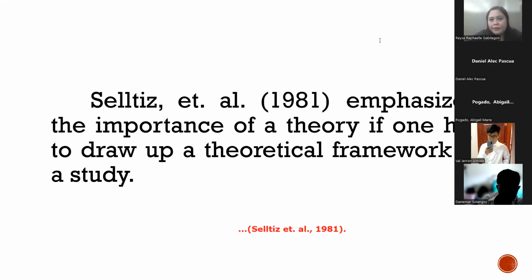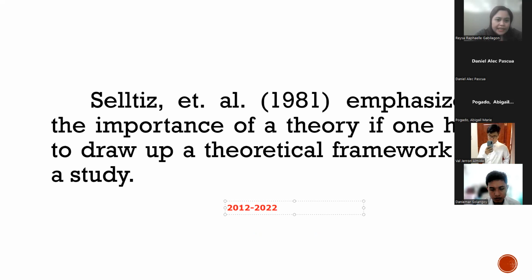Okay? By the way, yung mga references na gagamitin ninyo, ang i-accept lang natin ay 10 years backward. Anong taon na ngayon? 2022. So, yung mga references na pwedeng tanggapin for your research is from 2012 to 2022 only.